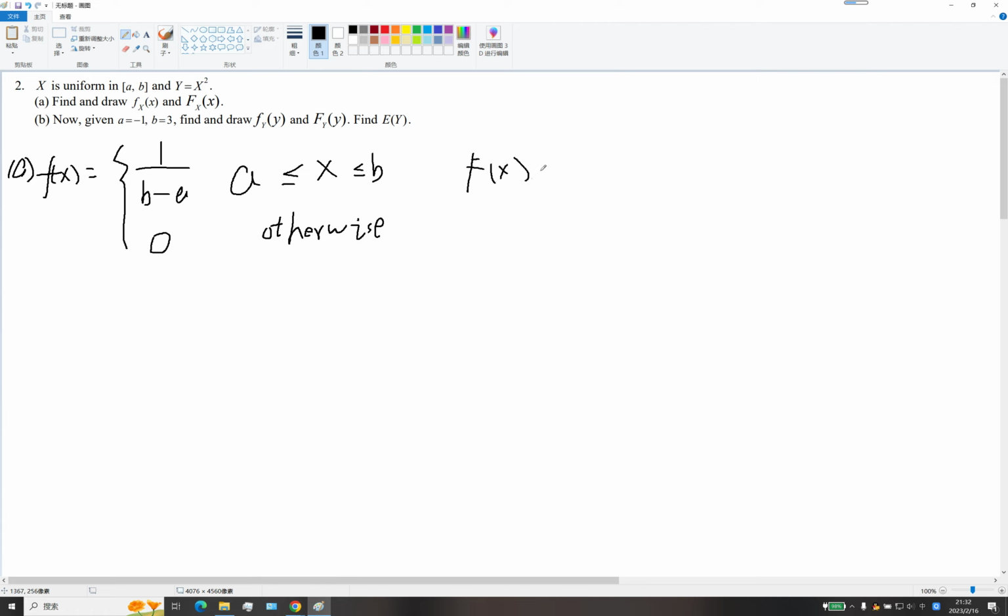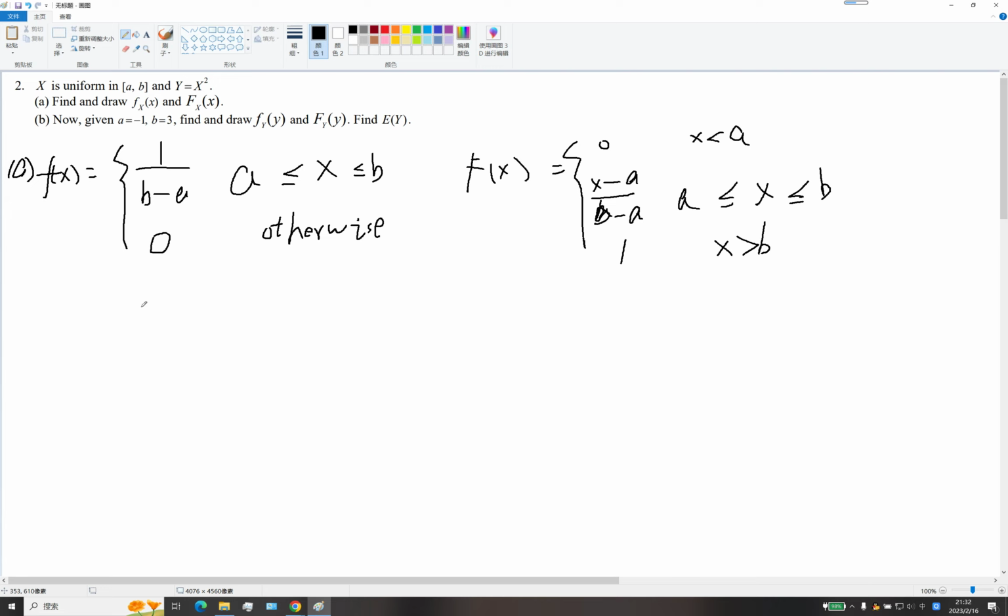It is 0 when x is less than a, (x minus a) over (b minus a) when x is bigger than a and smaller than b, and F_X(x) equals 1 when x is bigger than b.